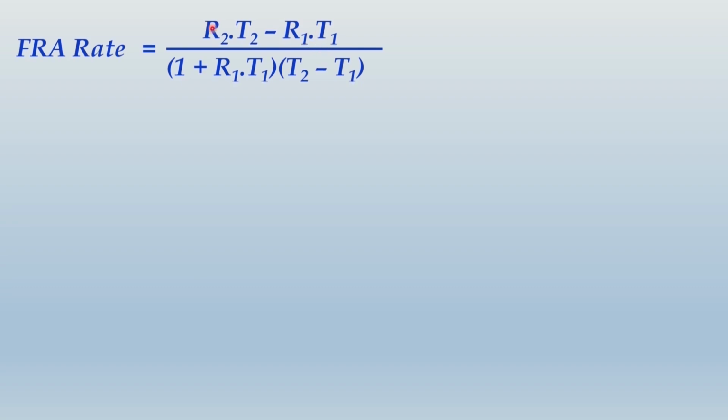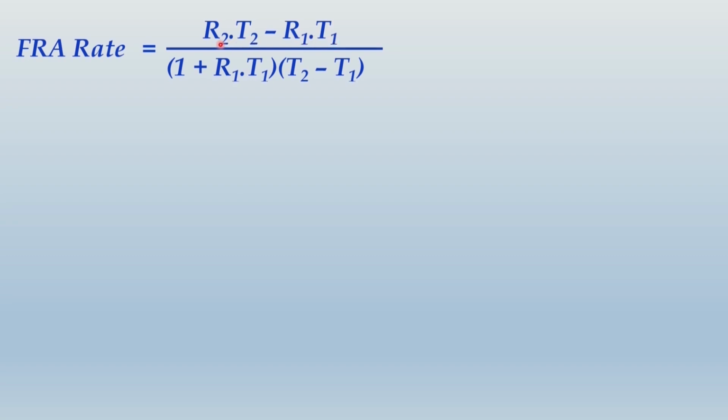is 6 months. So R2 in our example is 12.2%, T2 is 12 months, R1 is 11.2%, T1 is 6 months. Just be careful about one thing: T1 and T2, which represent the time frames, we should not write as 6 and 12, we should write as 0.5 and 1, because we have to write T as time in years.